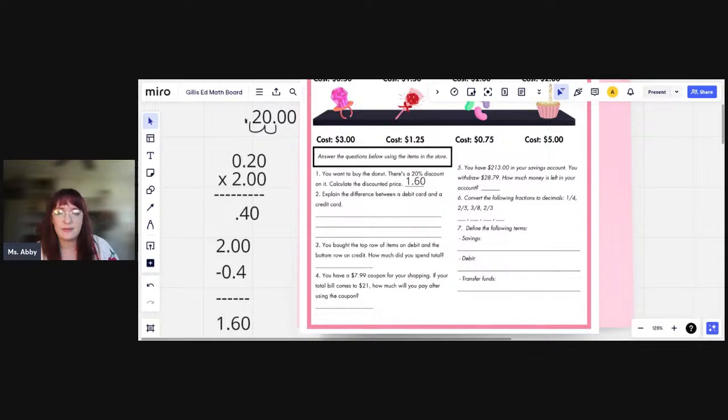A debit card allows you to spend money directly from your bank account, deducting the amount immediately from your balance. On the other hand, a credit card is going to enable you to borrow money. It lets you borrow money up to a certain limit with the expectation that you pay back the money later. And that's often going to come with what's called interest.